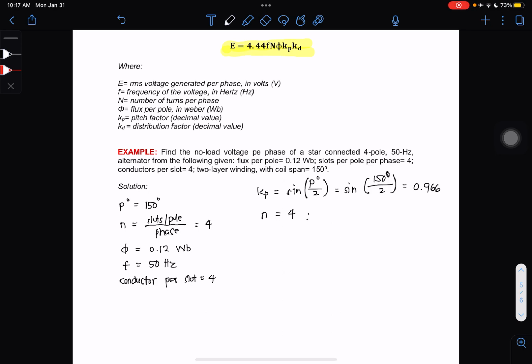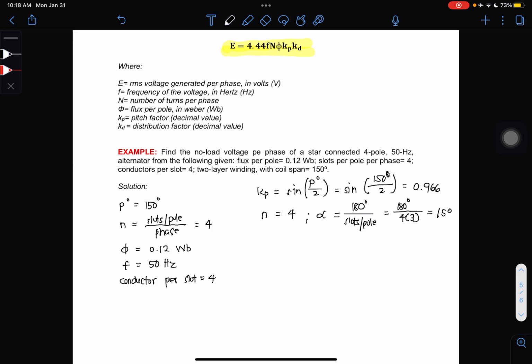For the number of electrical degrees, alpha, we have 180 degrees divided by slots per pole, so 180 divided by 4 times 3 is equal to 15 degrees. We multiply by 3 because we have 3 phases.